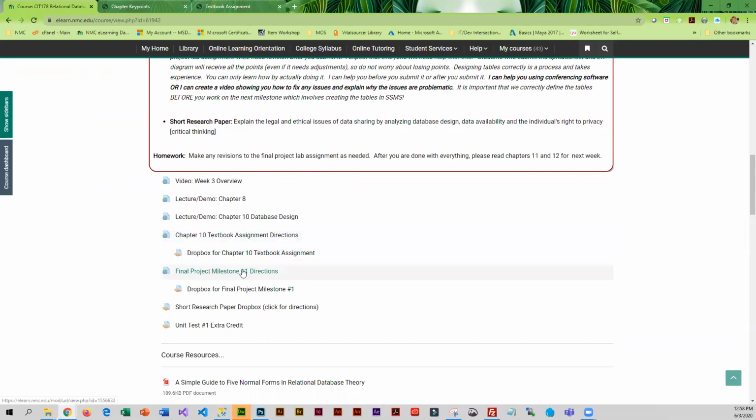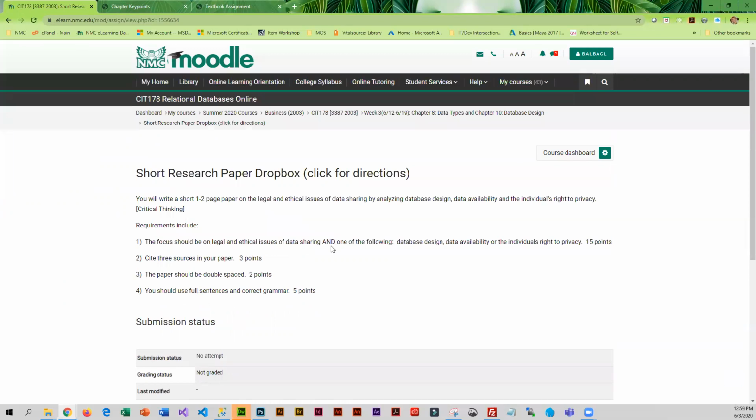Then, once you've submitted the milestone, there is a very short research paper. And I know you're probably all going, but we do have learning outcomes in this class that I have to address. And for this particular learning outcome, a research paper is the best way to address it.